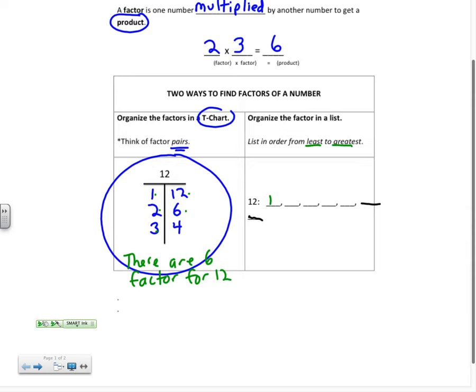At the beginning I have 1 and at the end I have 12, and those 2 pair up. It's my first factor pair of 12. The next factor pair of 12 is 2 times 6. That equals 12. Those 2 pair up. And then finally, I know 3 times 4 is 12. So 2 different ways of finding factors of a number.